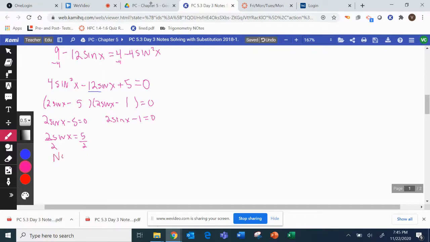So this would be no solution here. When I divide by 2, I get sine x equals 1/2. That is positive at pi over 6 and 5 pi over 6. So we have 2 answers for this one.